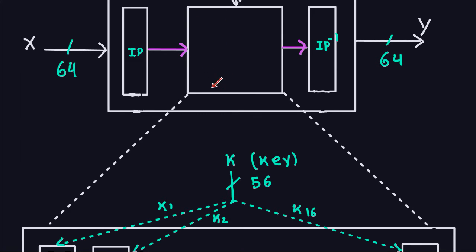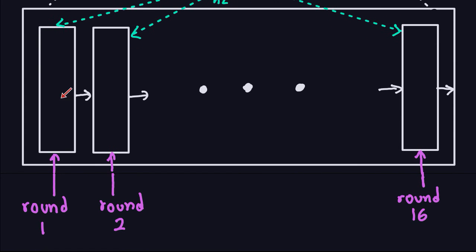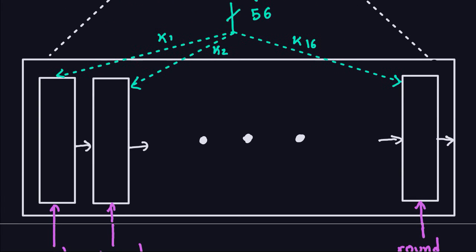That first round transforms those 64 bits into another 64 bits, and then they go to the second round, and so on, until you get to the final round, which is 16. As I mentioned earlier, this is where the key comes into play.